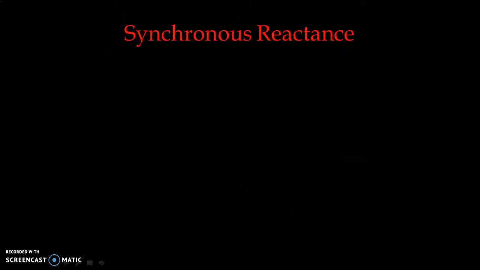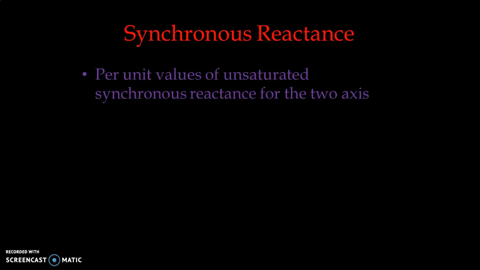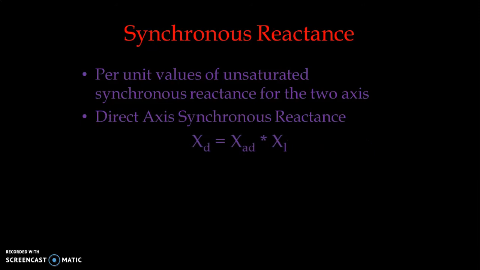So now synchronous reactance. Per unit value of unsaturated synchronous reactance for the two axes, that is a direct axis synchronous reactance, and it is indicated by XD, D for direct axis, and that is XAD multiplied by XL.